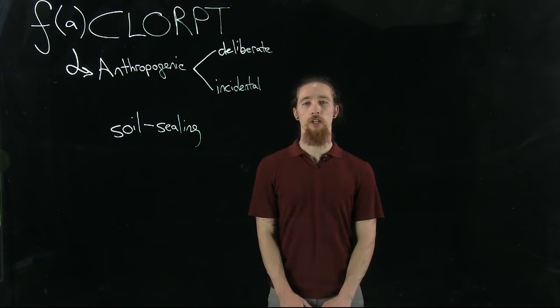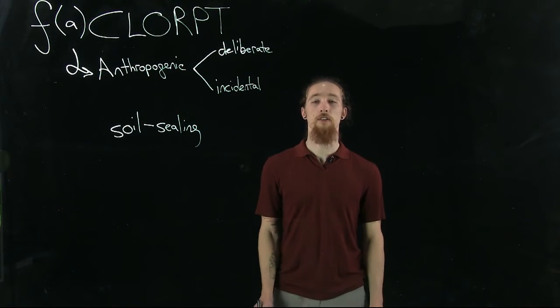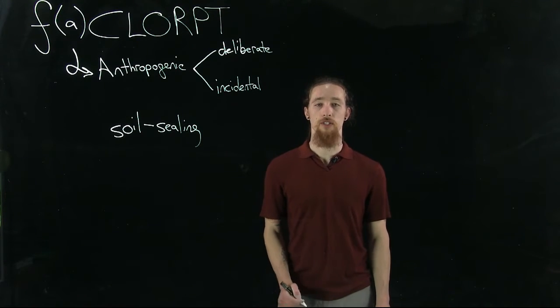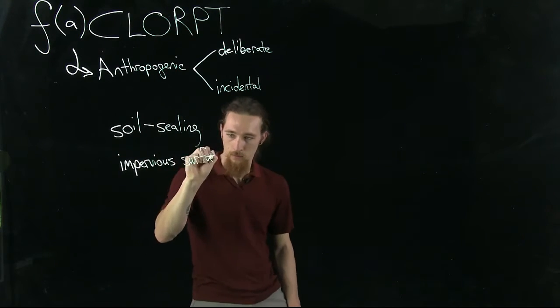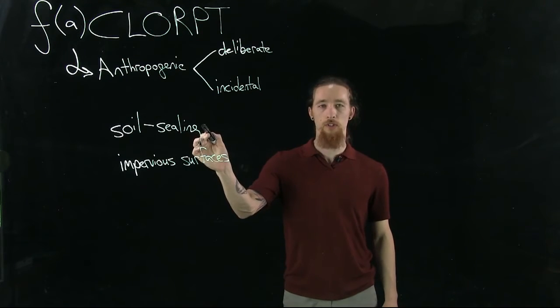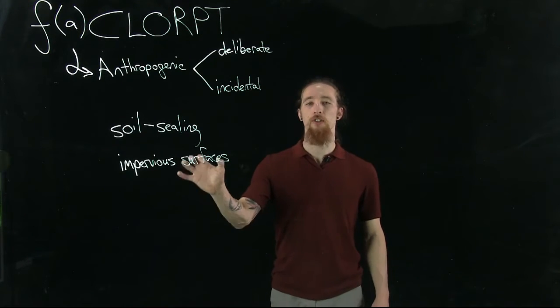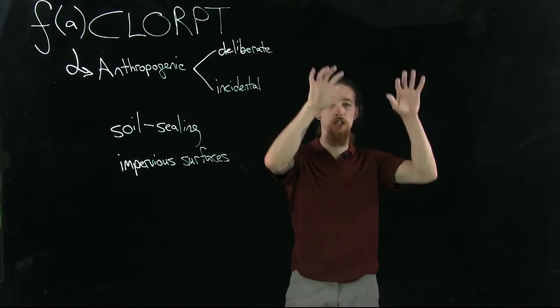A common term you'll hear related to soil in the urban environment is the extensive use of impervious surfaces. This is basically just another way to talk about soil sealing. Like in the animation we saw, impervious surfaces don't let precipitation get through.